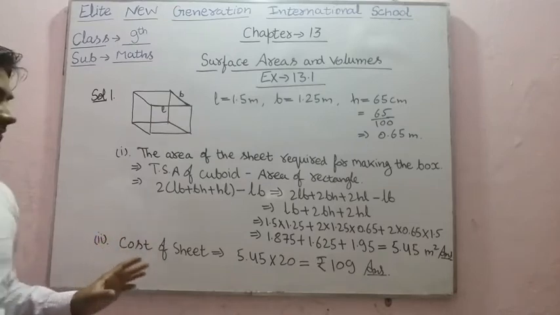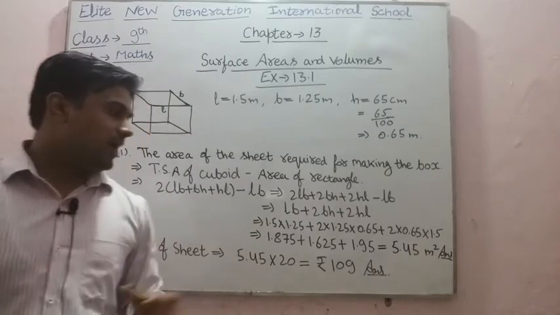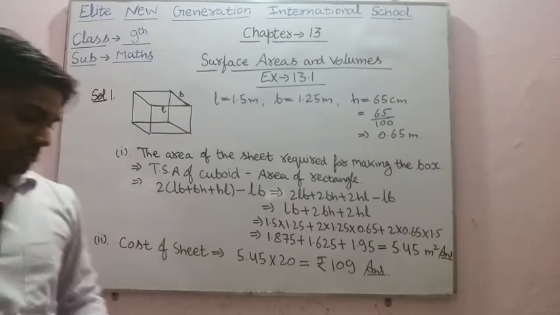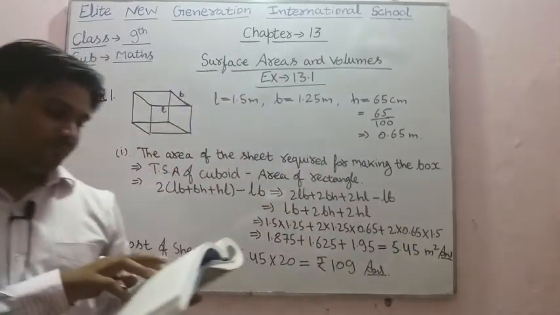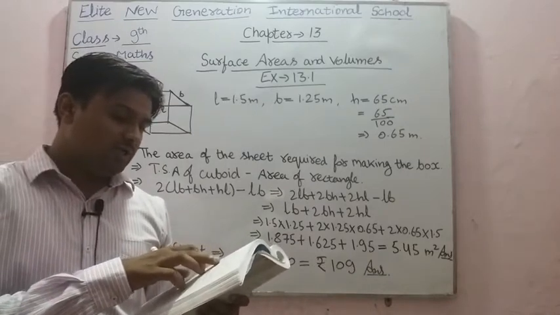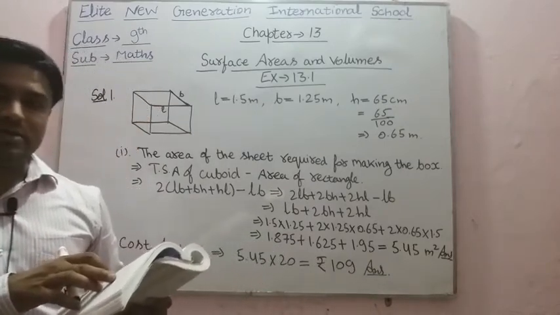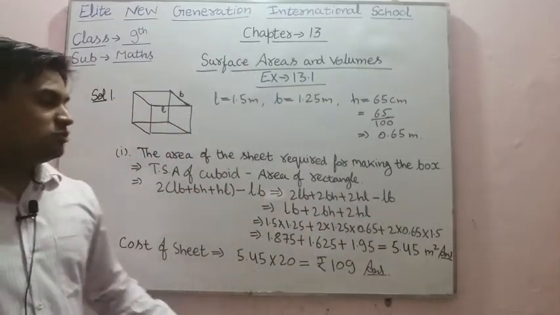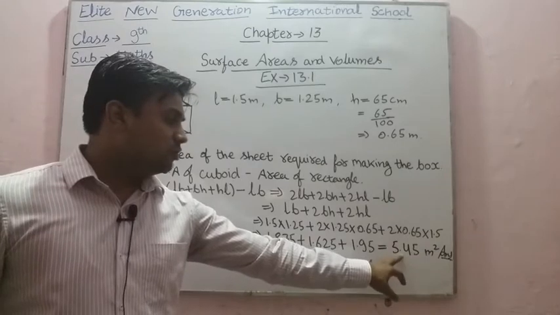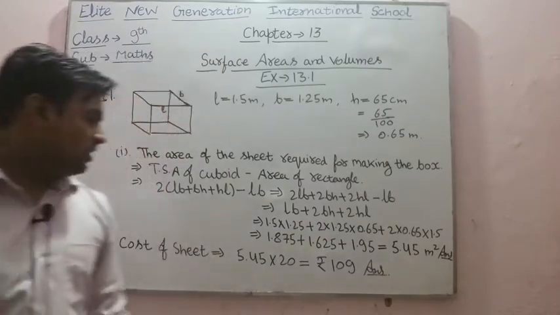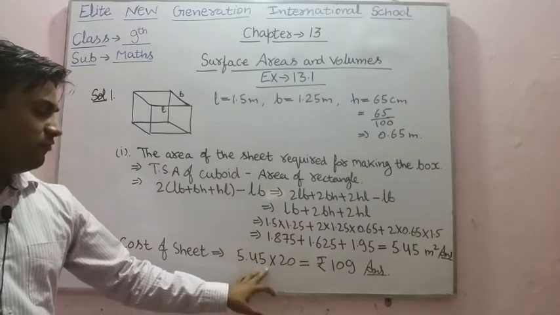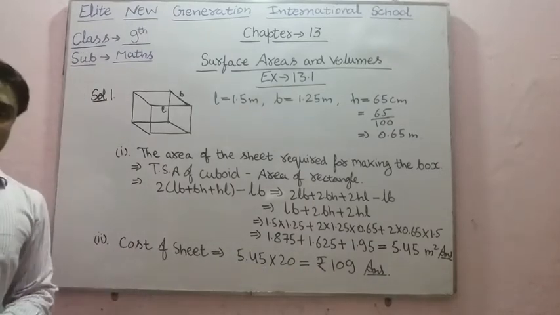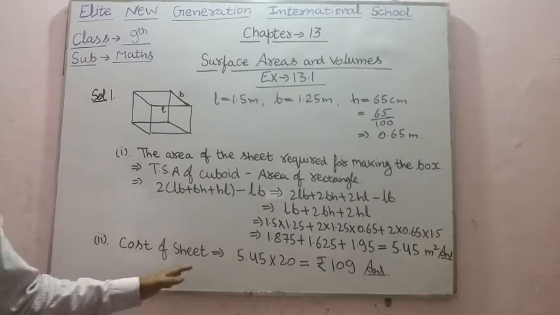Now we have to find the cost of the sheet. In the second part we are given that a sheet measuring 1 meter square costs rupees 20, that means 1 meter square costs rupees 20. So we have to find the cost of 5.45 meter square. Therefore the cost of the sheet will be 5.45 into 20, which is rupees 109. So this is the cost of the sheet.